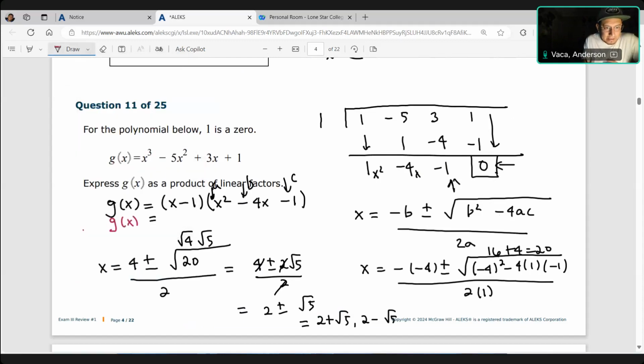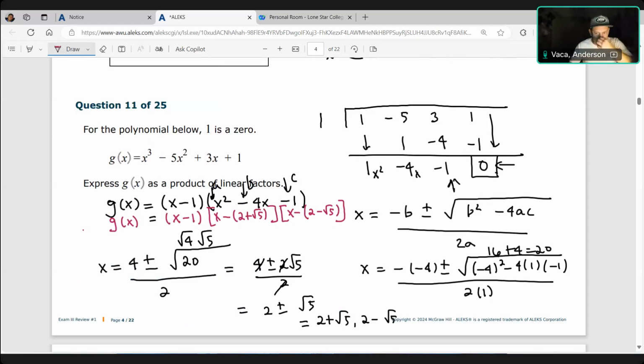G of x could be written as x minus 1, times, we're going to do it like so, I'm going to put a little bracket here, x minus 2 plus the square root of 5, close bracket, open another bracket, x minus 2 minus the square root of 5, close bracket. There we go. Alrighty then.